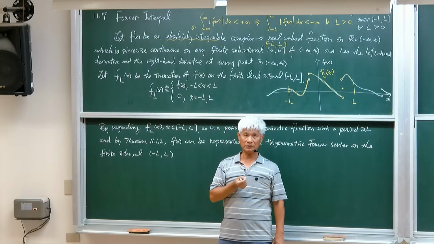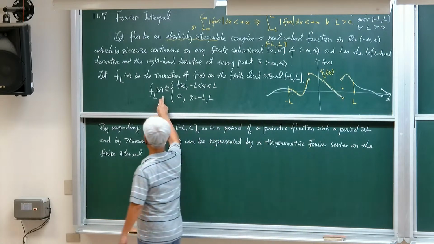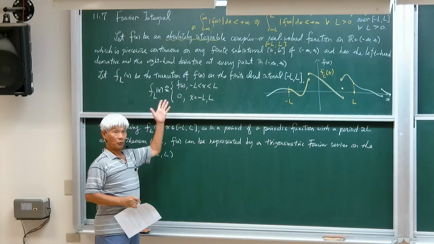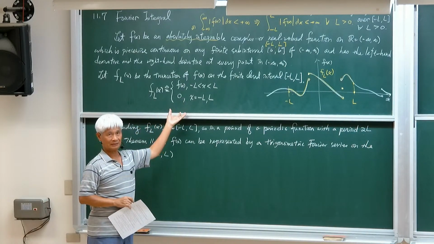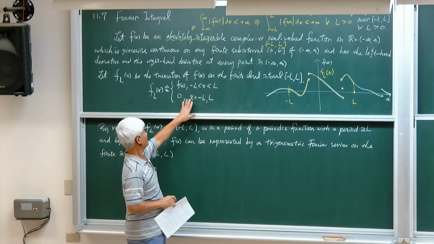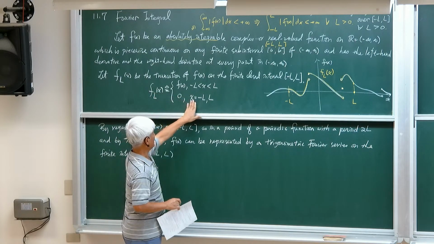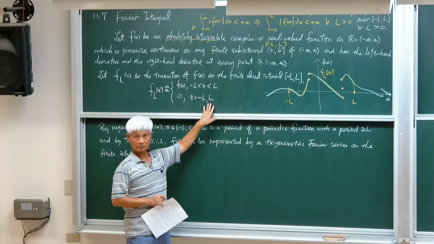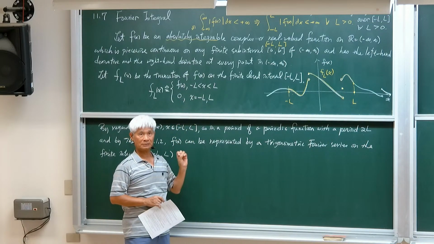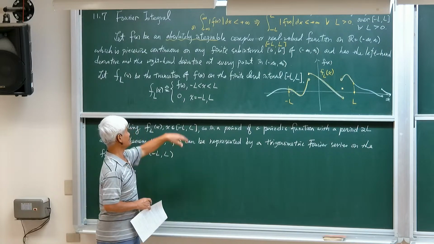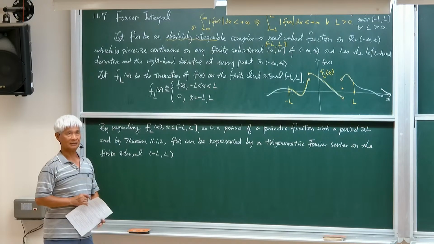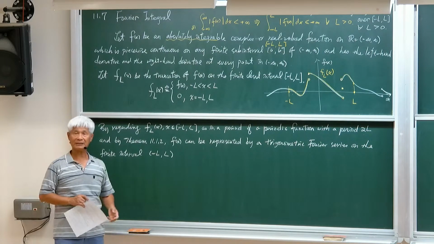This is the reason why I just assign value 0. I can assign value 1 or 2 arbitrarily, in case the value will be the same at x equal to minus L and at x equal to L. That is the key point. For our purpose, I think this is a convenient one to assign. Any questions?